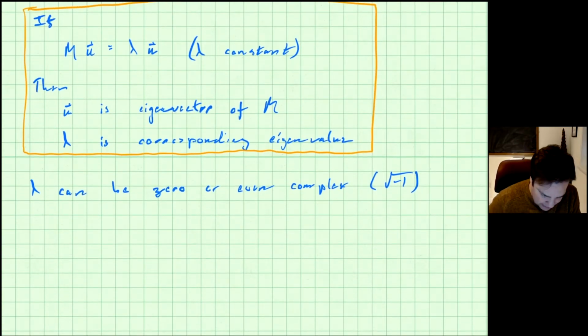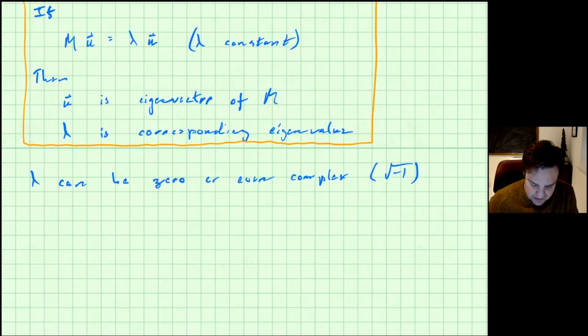Okay, so like I was saying, the vectors u are not necessarily unique because any scaling of them will also be an eigenvector of M. It'll have the same eigenvalue. The eigenvalue is pretty unique.